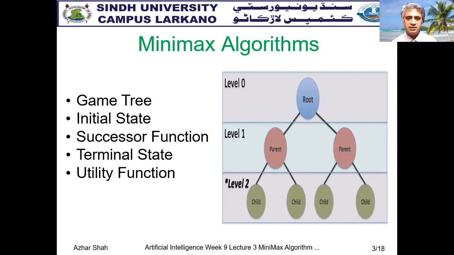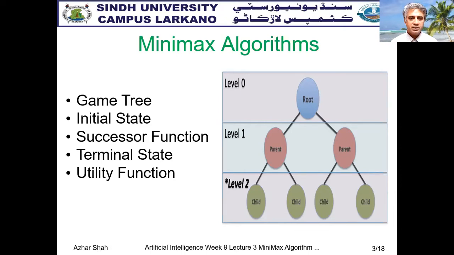It is discrete, it is sequential, and it has an initial state: the time at which the game starts, and the state at which the game starts. Then there is the successor function, a mathematical function which calculates the current value, the current score, and sends it to the next move, to the next calculation.